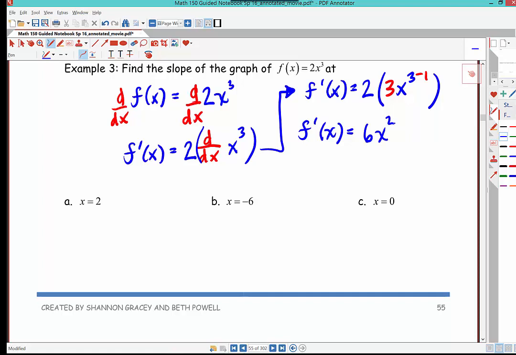How'd you guys do? Awesome. So finishing the problem, what do we have? For x equal to 2, we need to find f prime at 2, which is equal to 6 times 2 squared. So f prime at 2 is, great, 24.